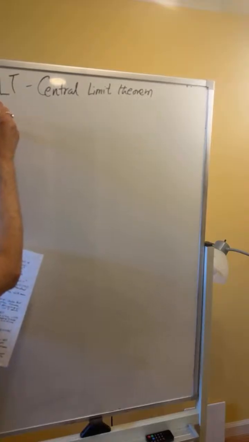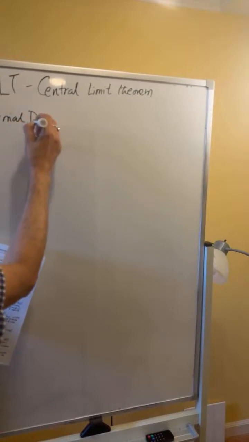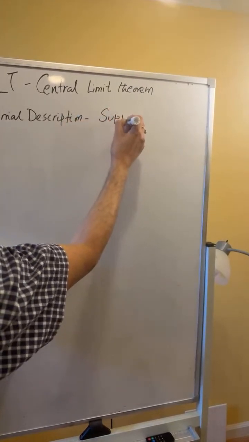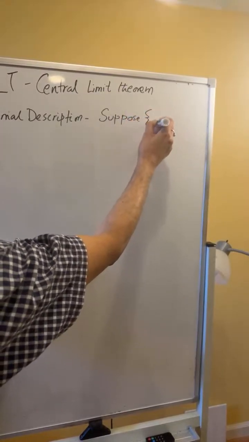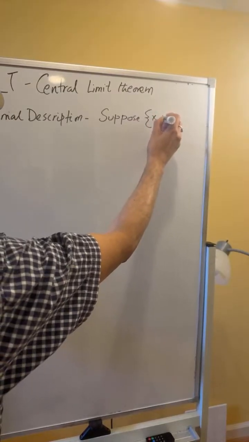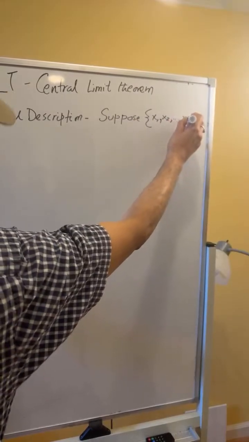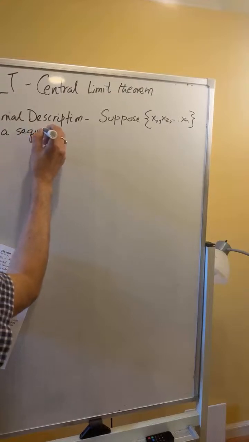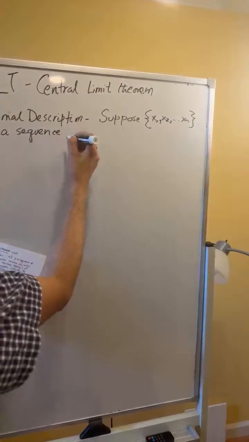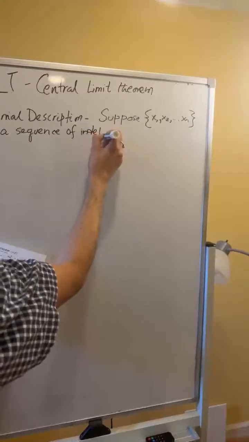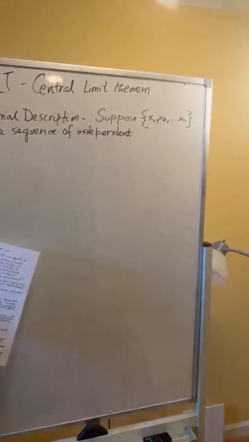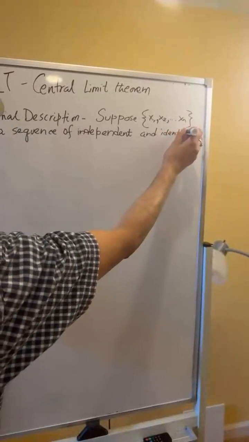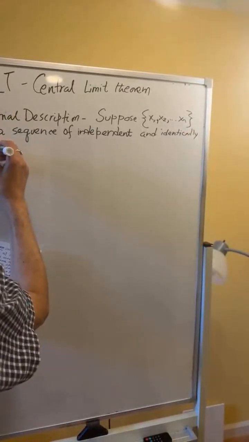Okay, so let's do the formal description. Suppose x1, x2, dot dot dot, xn is a sequence of independent and identically distributed random variables.